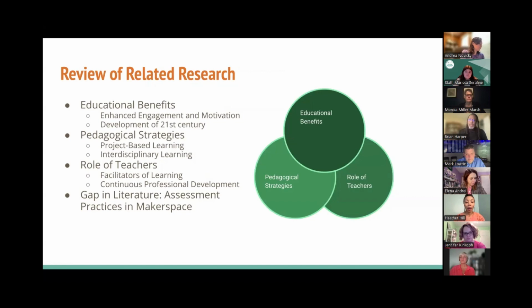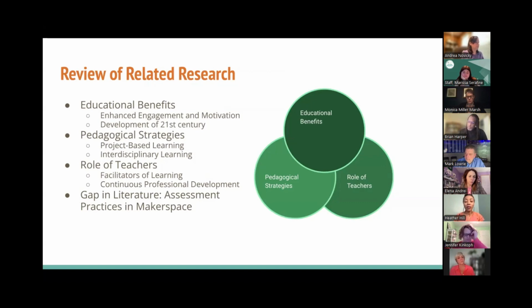Much of the experiences that Andrea was having in the classroom aligned with what the research was already suggesting. There's an abundance of research that speaks about the educational benefits of makerspaces, the importance of project-based learning for developing students with 21st century skills, and the importance of teachers in those contexts.